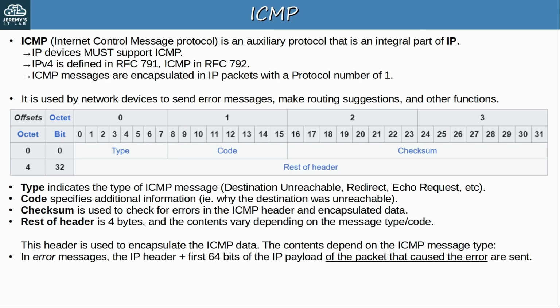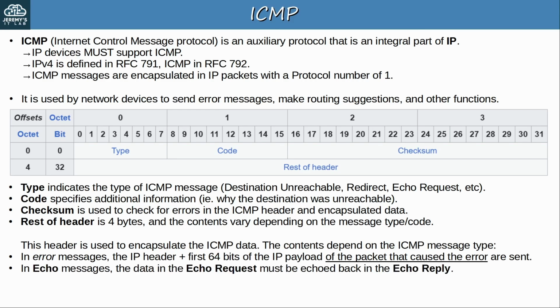In ICMP error messages, the IP header and first 64 bits of the IP payload of the packet that caused the error are sent. It's a way of telling the device that originally sent the packet, this is the message that caused this error. And when using echo, meaning ping, the data in the echo request must be echoed back in the echo reply. Generally, it's just a series of ASCII characters with no meaning.